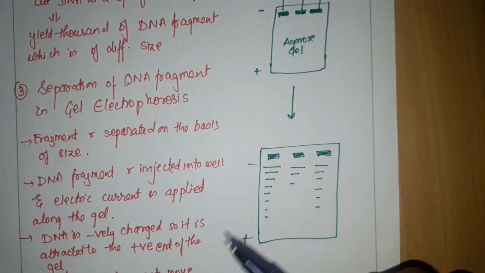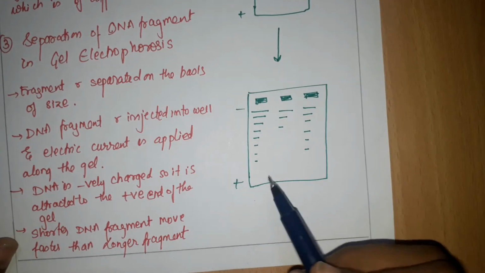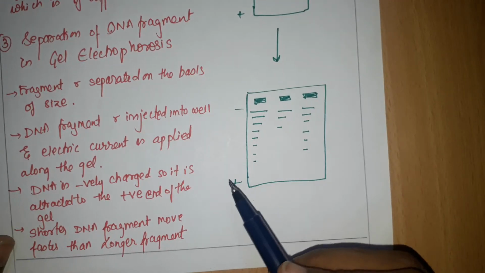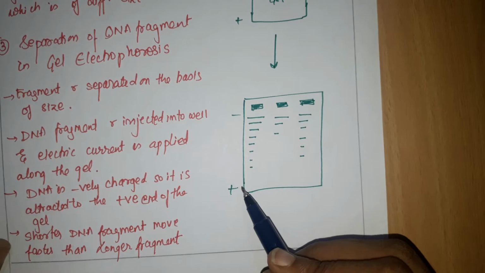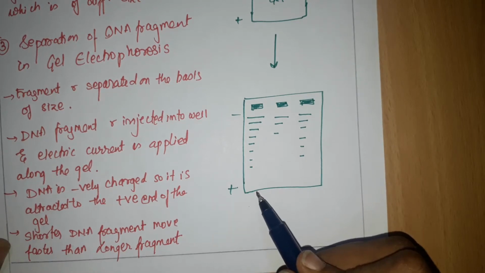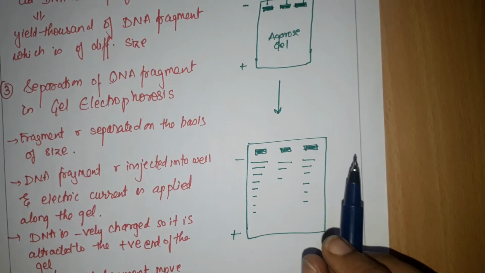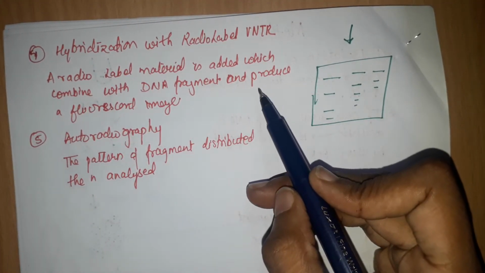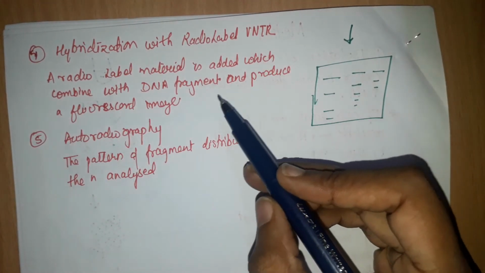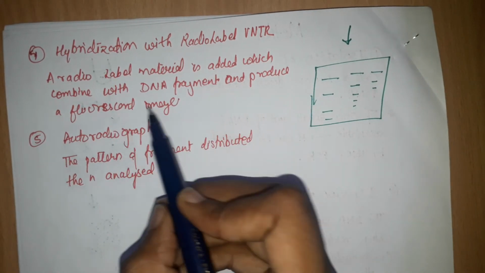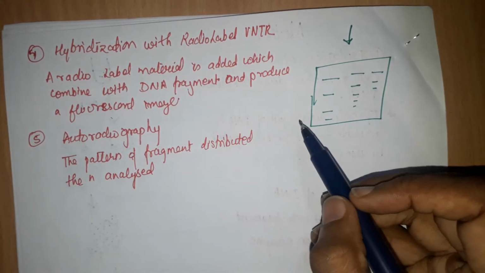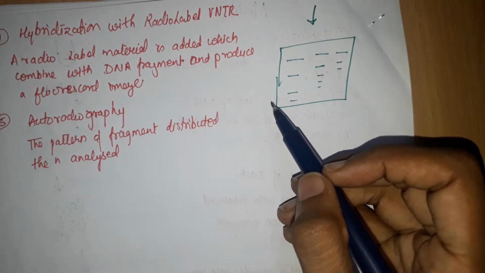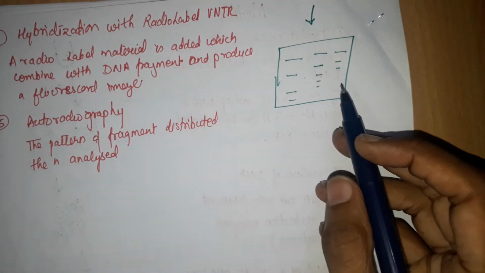As we know that DNA is negatively charged, it is attracted to the positive end and starts moving. The shorter DNA will move faster, and longer DNA will move slowly. After this, we have to mix the radiolabel VNTR with the DNA fragments, and that will produce the fluorescent image, and we have to analyze that pattern.